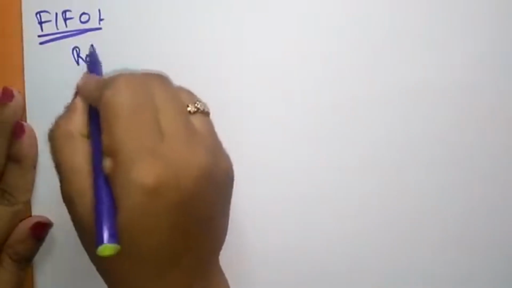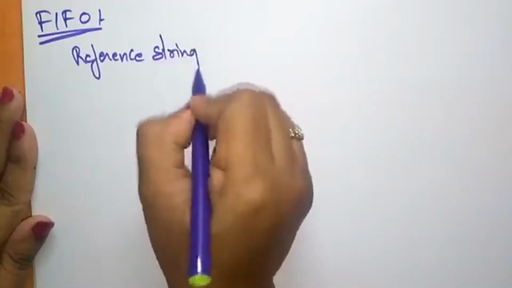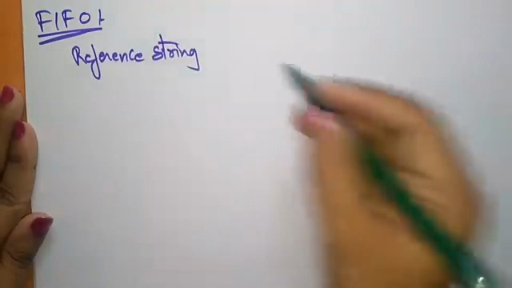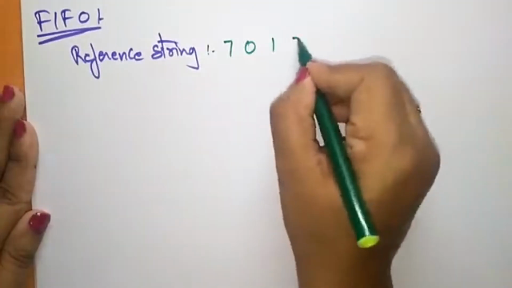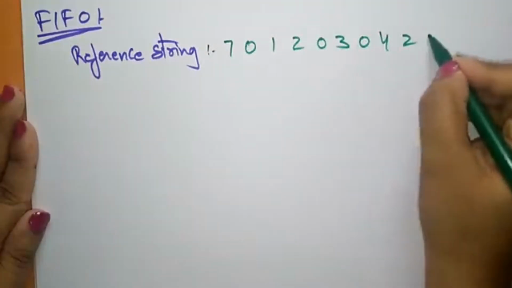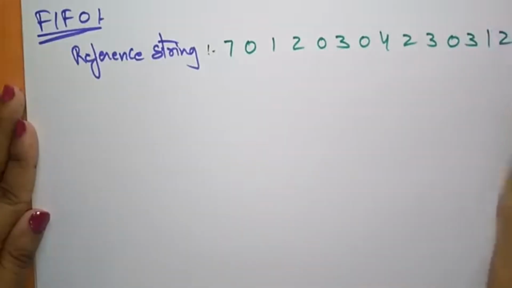Now I am taking some reference string. The reference string I am taking here is 7 0 1 2 0 3 0 4 2 3 0 3 1 2 0.